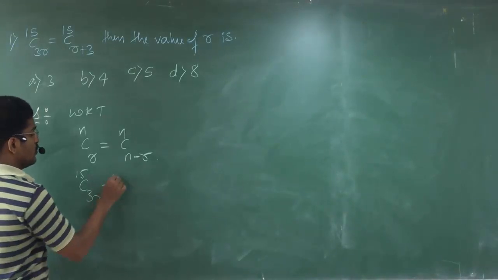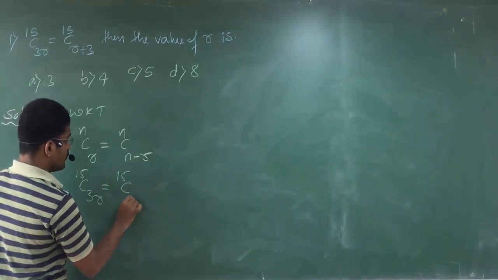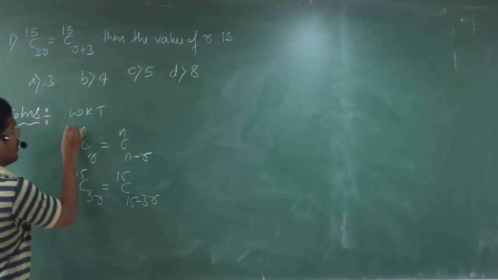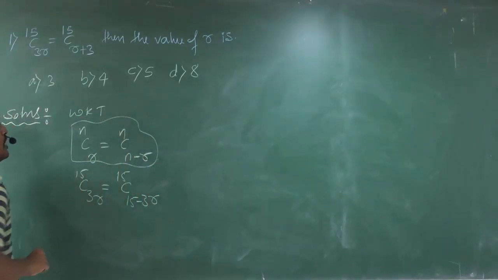By using this formula, here I will get 15C3r will be equal to 15C(15-3r). I am using this formula. Clear?